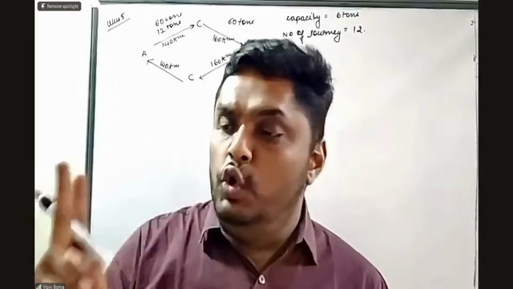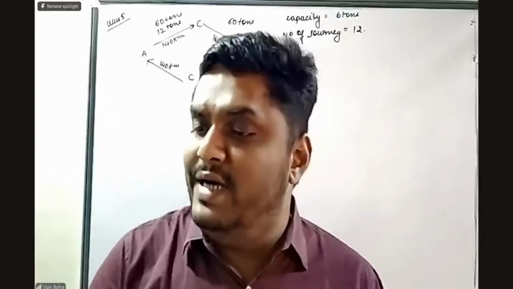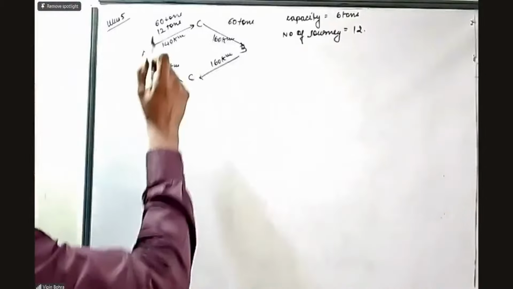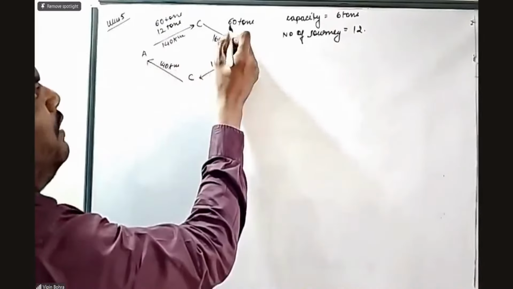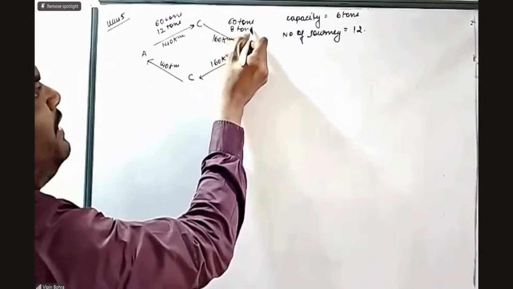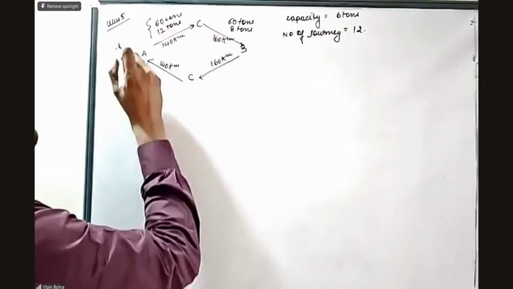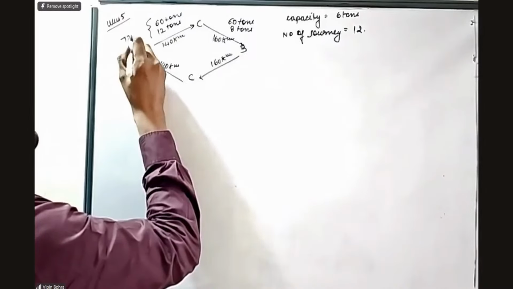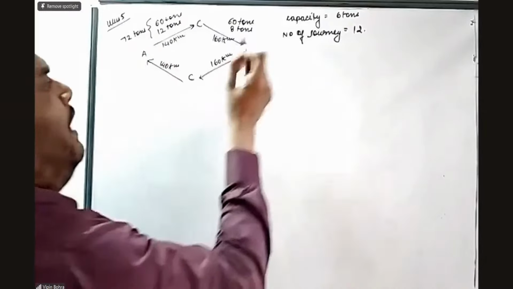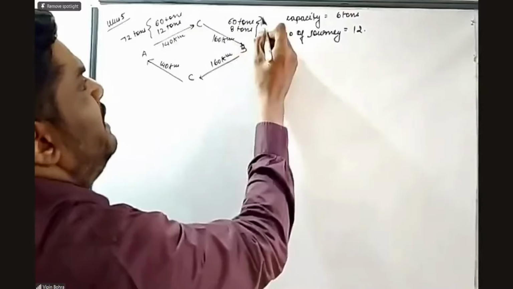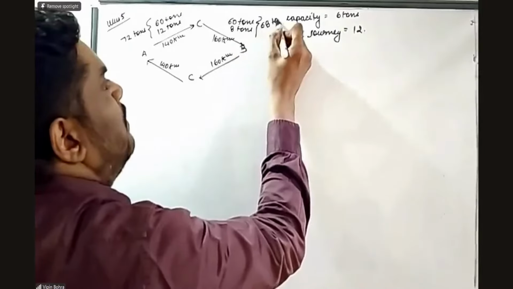So it means 2 plus 2, 4 tons were unloaded at city C. So out of these 12 tons, 4 tons were unloaded. So only 8 tons were transported from C to B. So total transported from A to C is 72 tons, and from C to B it is 68 tons.